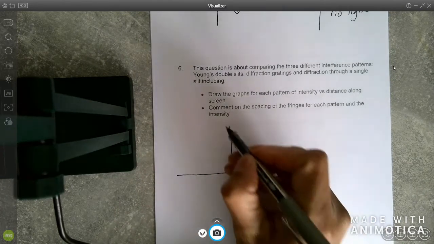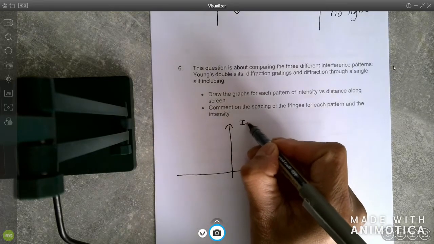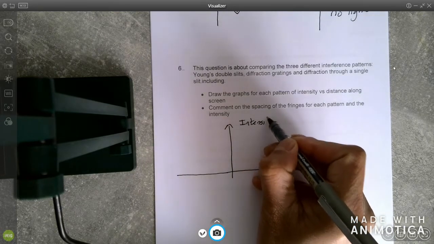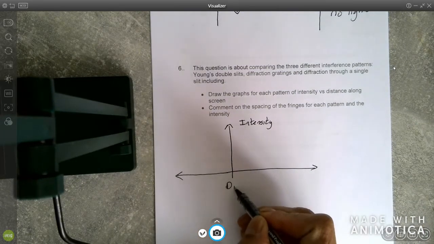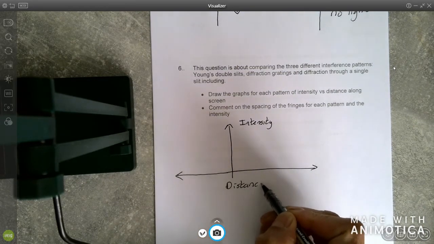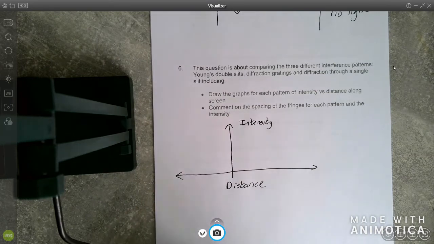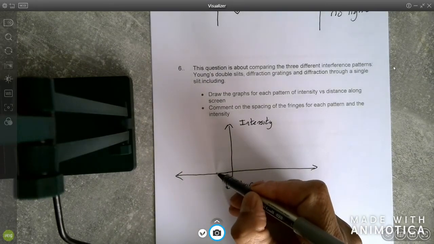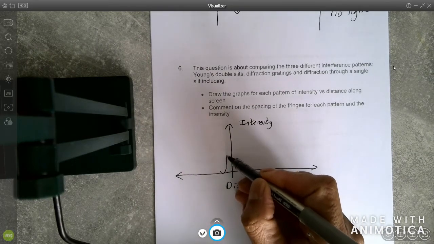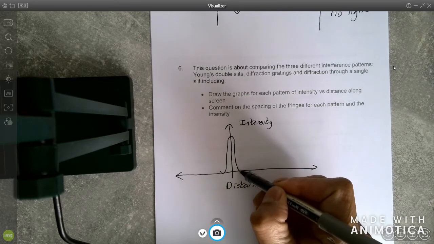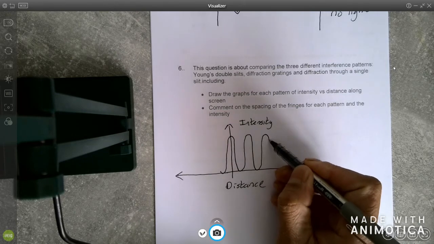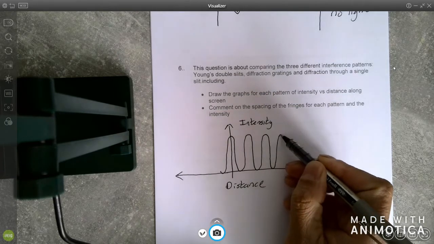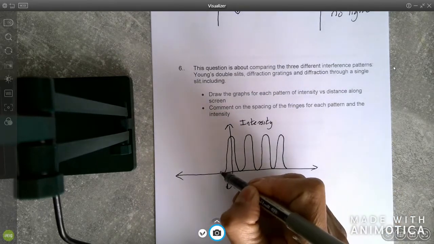So on the y-axis, intensity, and on the x-axis you've got distance. And for the double slit experiment, if you remember, we produced fringes whose intensity varied like that.